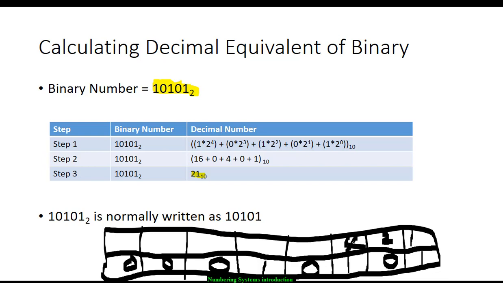So 2 to the power of 3 is 8, but we're missing a number here. Let's just undo. There's something wrong with your calculations. Where's your 4? 2 to the power of 2 is 4, not 8. I hope you guys caught that.